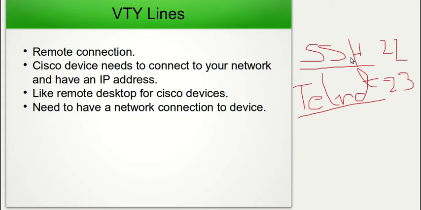With SSH, all data sent over the network is encrypted. So if somebody does manage to capture any data that we're sending, they won't be able to read it. With SSH, you have to provide a login name and a password as well, so it's more secure. So we can create local accounts or accounts on some sort of database server.